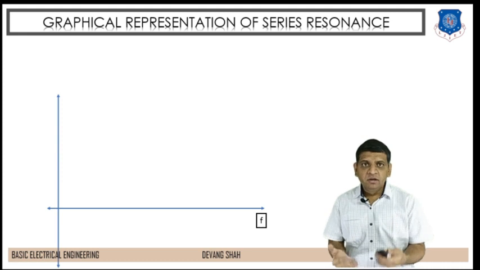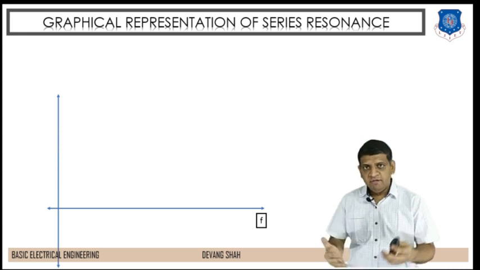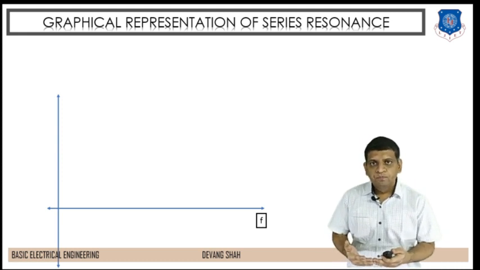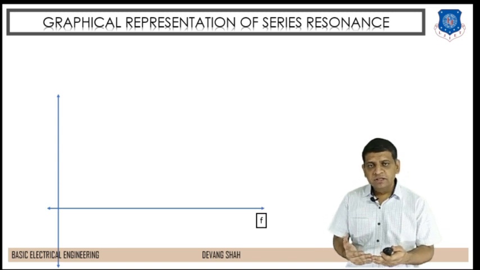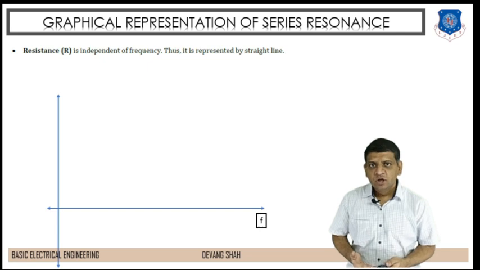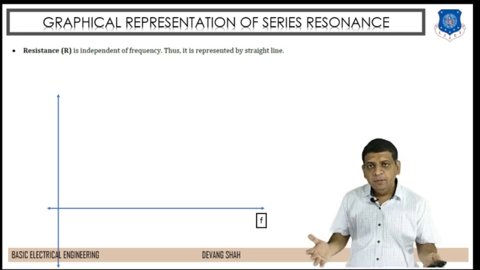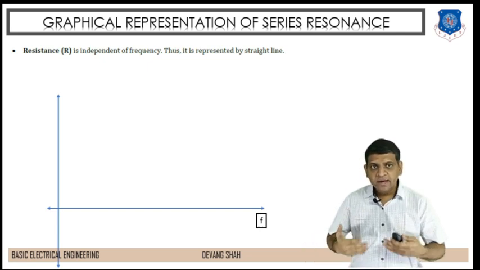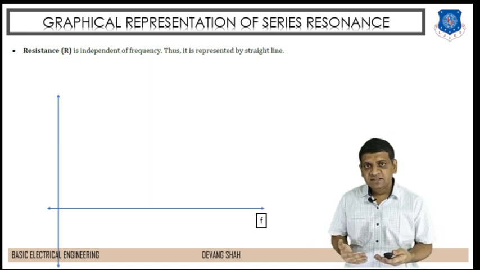Once you check the graphical representation of the series combination, we are going to now find the relation of frequency with various parameters. Let's say my first parameter I define as the resistance. Here resistance is independent of frequency, right? So I can consider it defined as a straight line. Why?